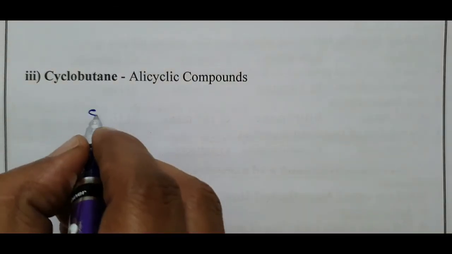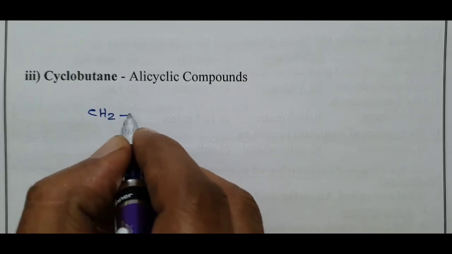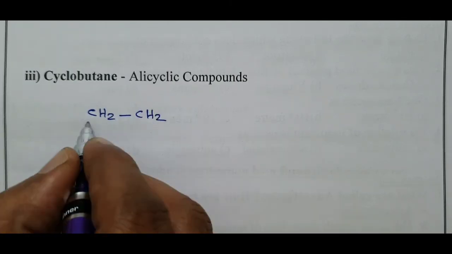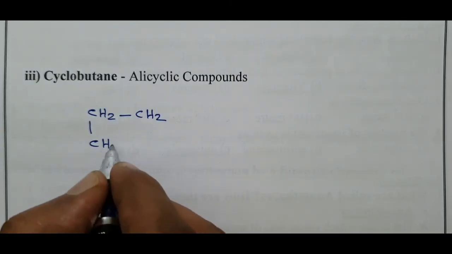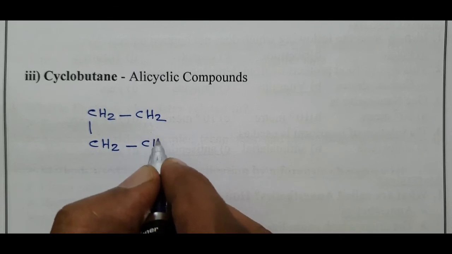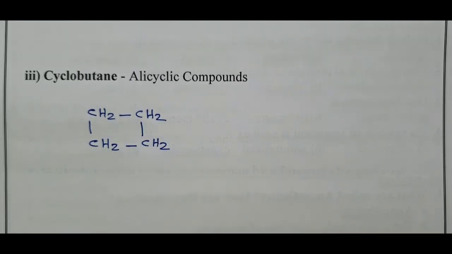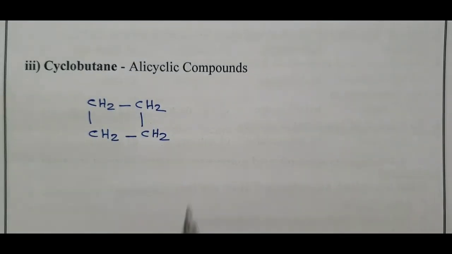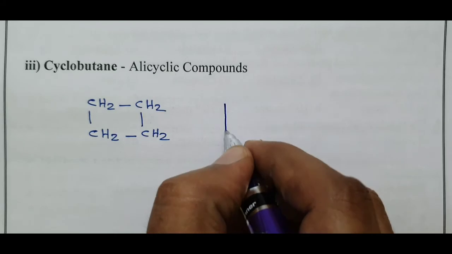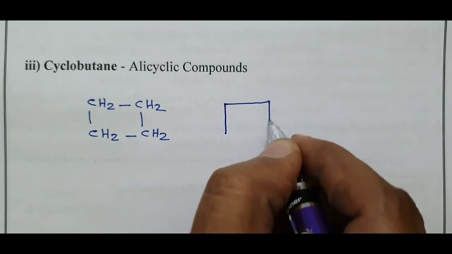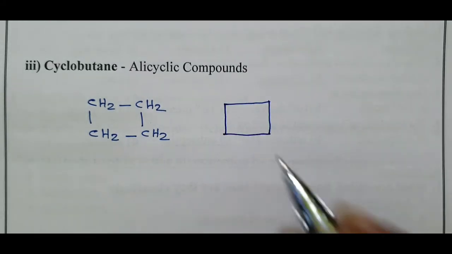Cyclobutane, CH2, cyclic compound, 4 carbon atoms, but, carbon-carbon single bond, an, therefore cyclobutane. It can also be written like this, this is your cyclobutane.